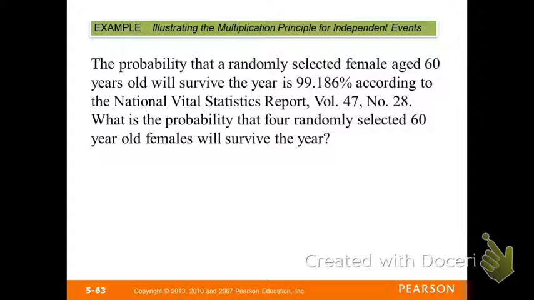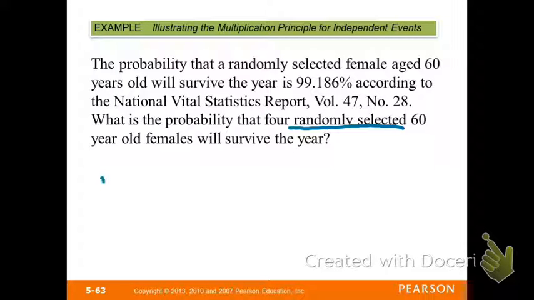What is the probability that 4 randomly selected 60-year-old females will survive the year? So this probability that 4 will survive: female 1, female 2, female 3, female 4, randomly selected, so we can assume independence between these 4 females.